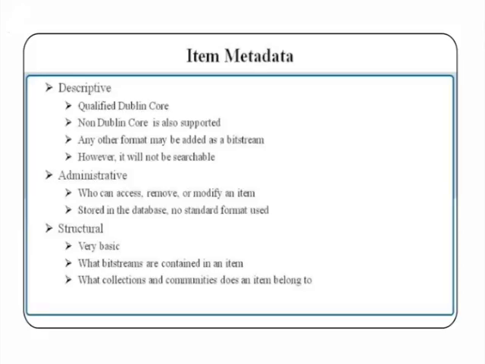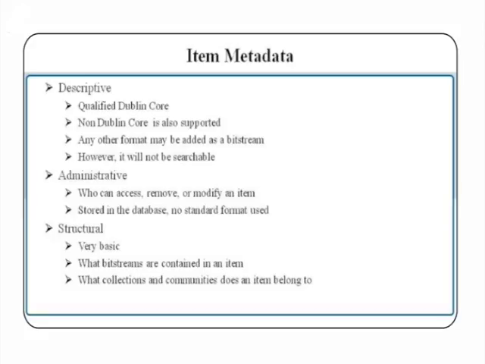Administrative metadata associated with an item can be access restrictions, meaning who can access, remove or modify an item. There is no standard format available for this type of metadata. Structural metadata describes very basic attributes about the item.